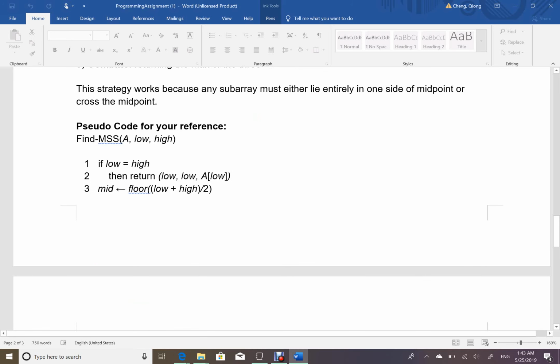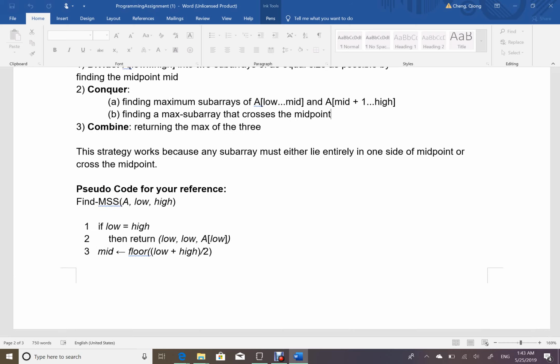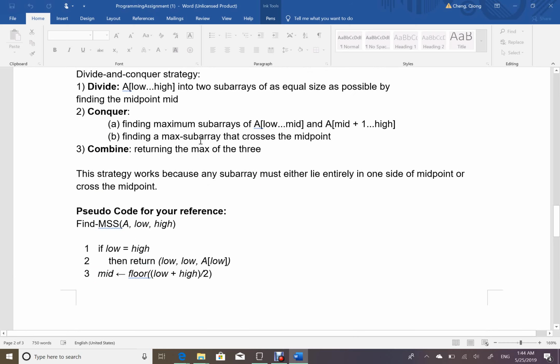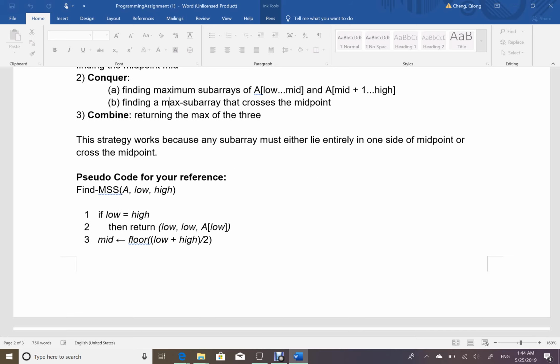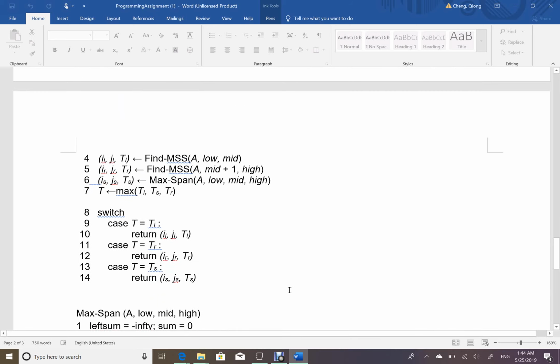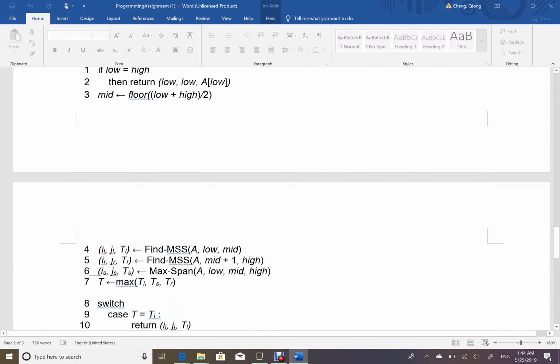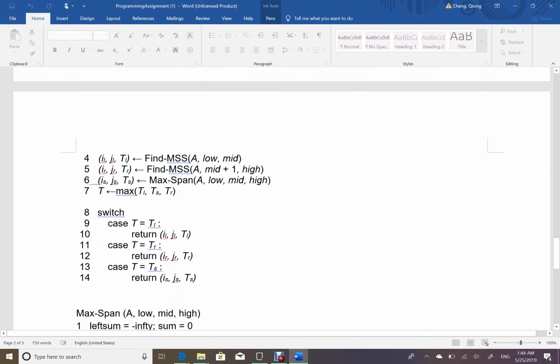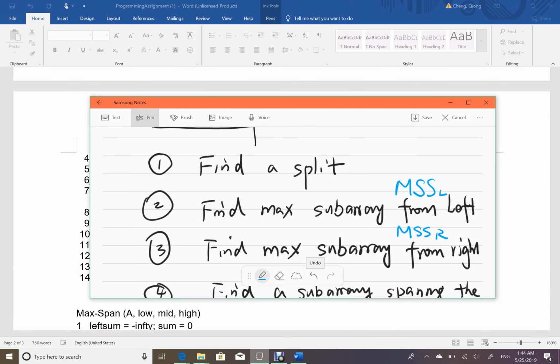We want to check the time complexity for finding the maximum subarray that crosses the middle point. And this part is recursive invocation, same as what we drew here, right? And this is maximum spanning, which corresponds to step 4, right?